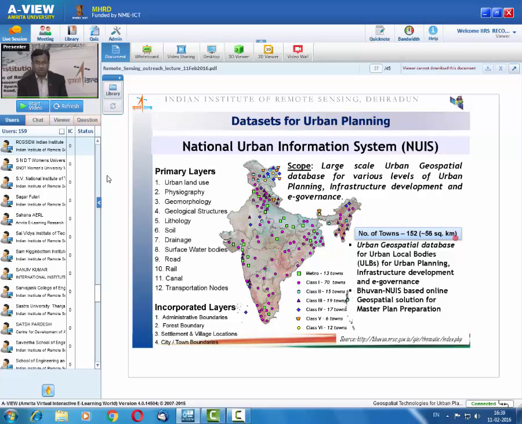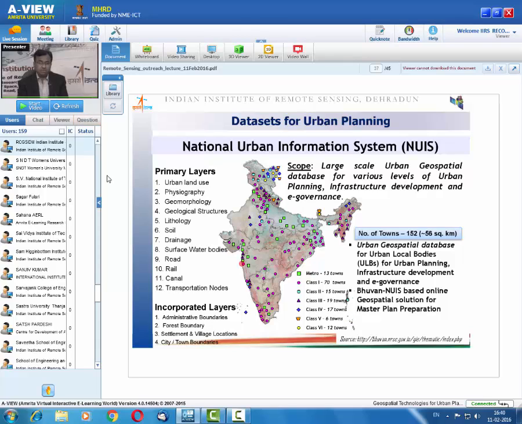A total of 152 towns have been covered in phase 1, and now phase 2 is coming up. This kind of database is immensely helpful to the urban local bodies for urban planning, infrastructure development or e-governance, and this database is on the Bhuvan NUIS portal.